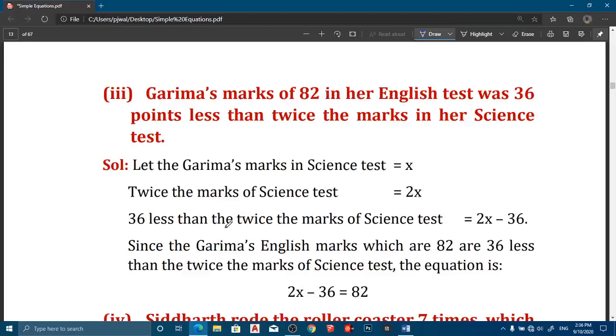How can I write this? 2x minus 36, which is equivalent to the marks Garima got in English, is equal to 82. So since Garima's English marks, which are 82, are 36 less than twice the marks of the science test, you can write this in the form of an equation as 2x minus 36 equal to 82. Okay. So this is the answer.